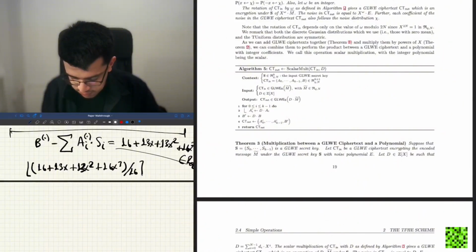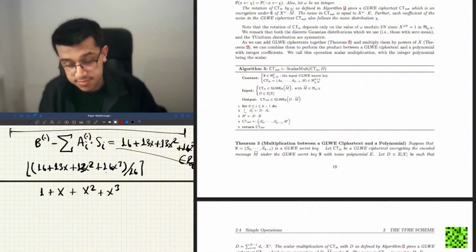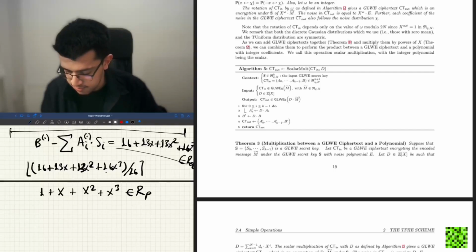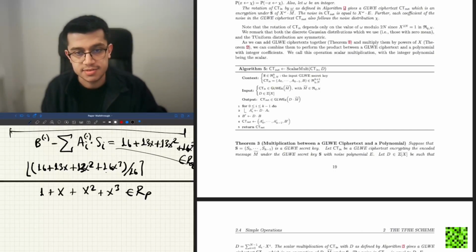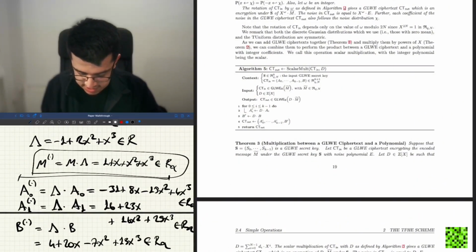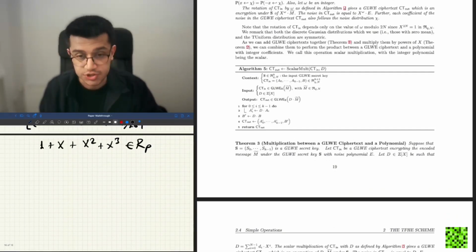When you divide it by 16, we're going to have 1 plus, 13 over 16 is 1 when you round it, x plus the same for x squared, and 16 by 16 is 1, no need for rounding, so we have 1 plus x squared plus x cubed in R_P, the plaintext space, which is exactly what we had in the first place after calculating the multiplication on the plaintext versions.